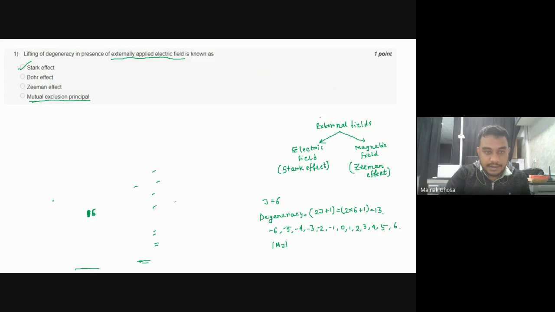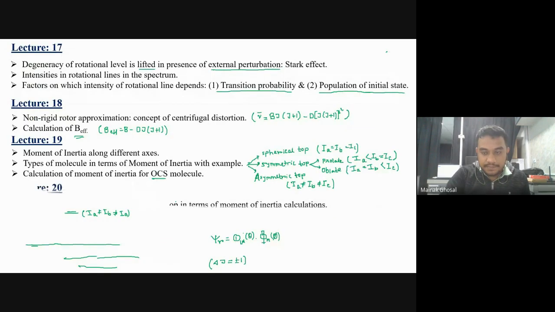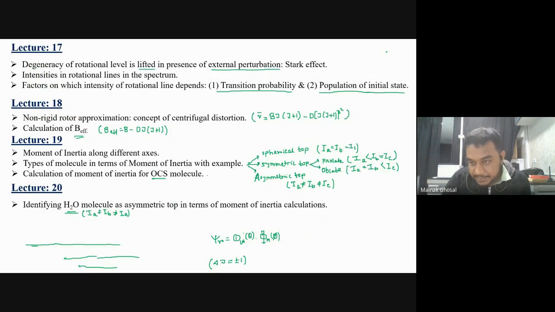You will understand. You can see here what I've said: if IA is less than IB, which is equal to IC, this will be called a prolate symmetric top molecule. And if IA is equal to IB, which is less than IC, it is called an oblate symmetric top molecule.